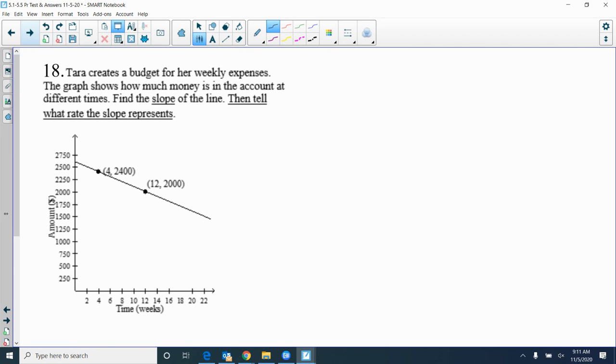A lot of you did this right on that worksheet that we had. And from what I looked at, it looked okay. Find the slope. 2,000 minus 2,400 over 12 minus 4. You get -400 over 8. Reduce that. -50. -50 over 1 or -50 is absolutely fine.